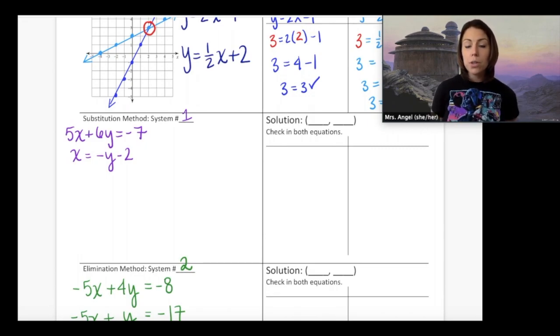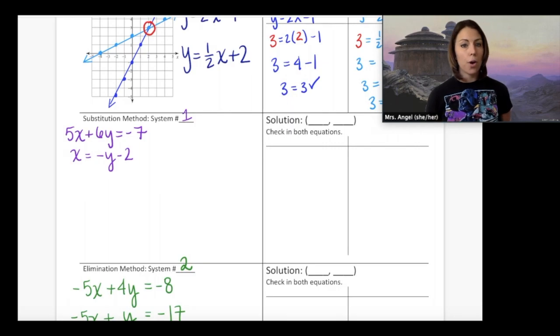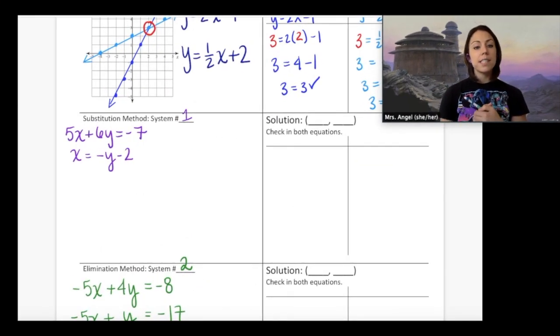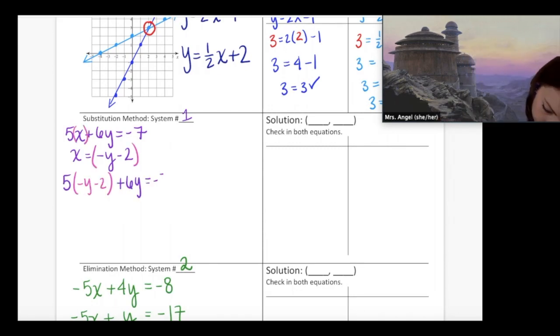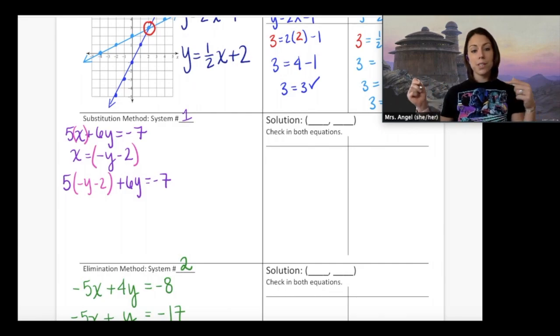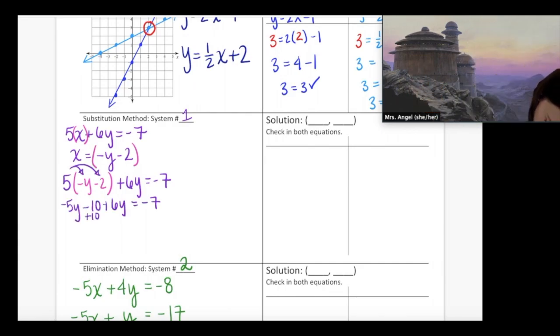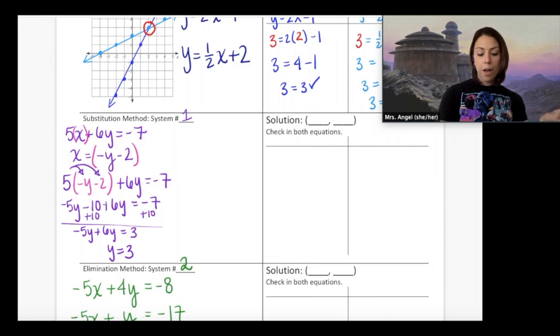Solve this one using the substitution method on your own now. Great, let's go ahead and solve. Step 1, we're going to substitute. Now that we've substituted, we're going to solve for y. Now that we've found y, we're going to plug it into one of the original equations and solve for x.